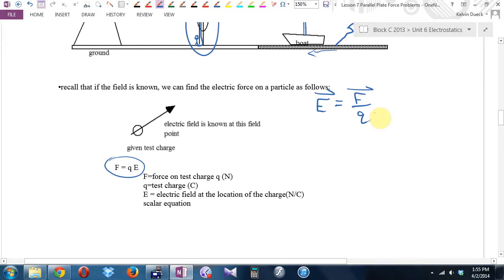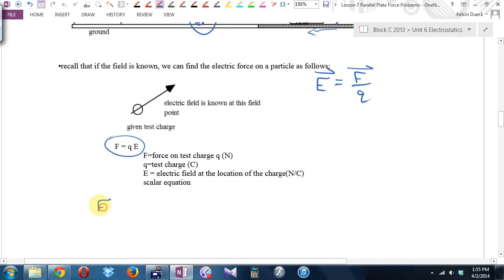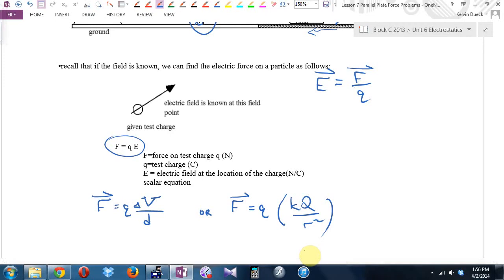Oh, and we also said electric field is also KQ over R squared, and you can see that actually generates our very first force equation, Coulomb's law. Right?